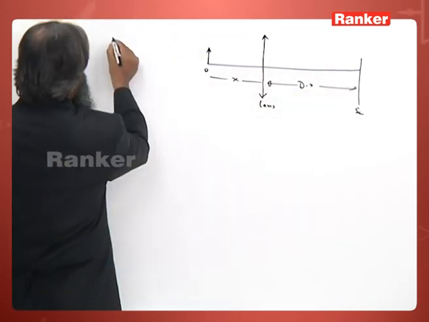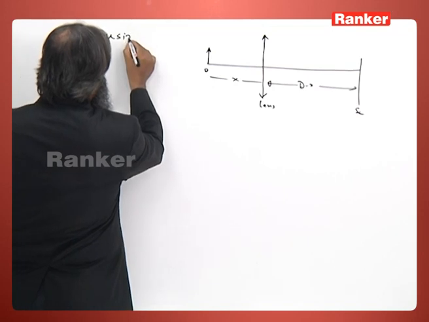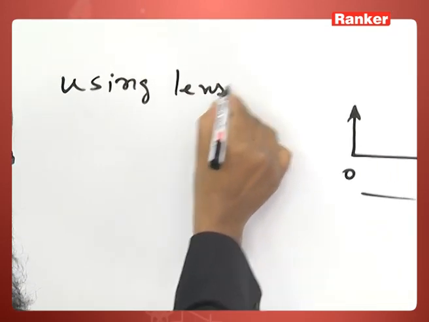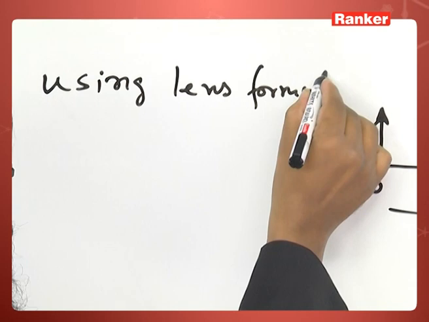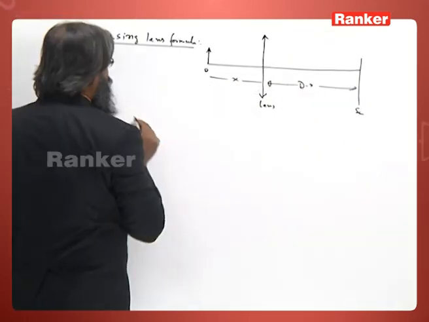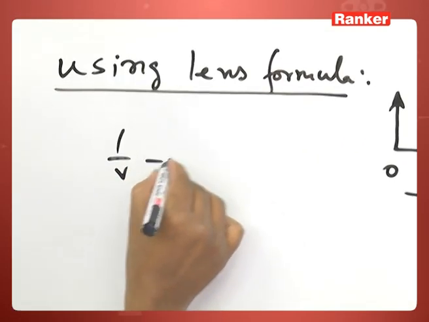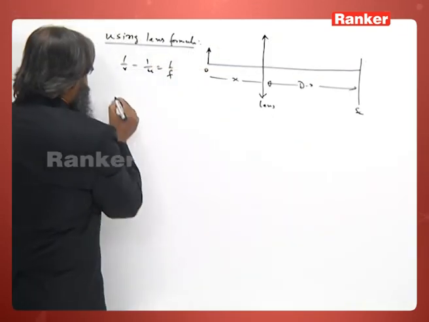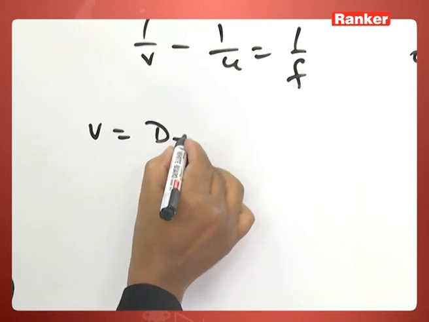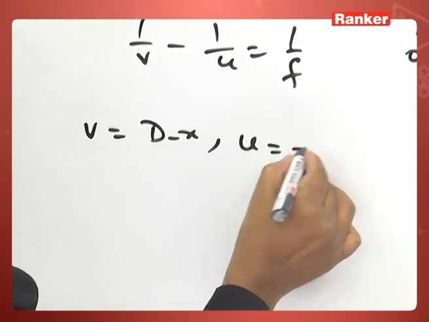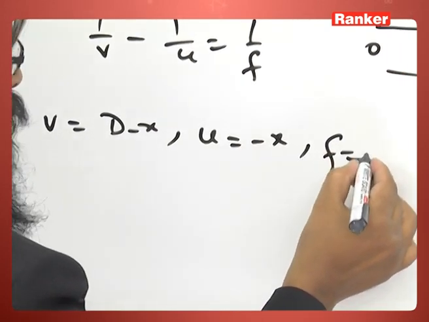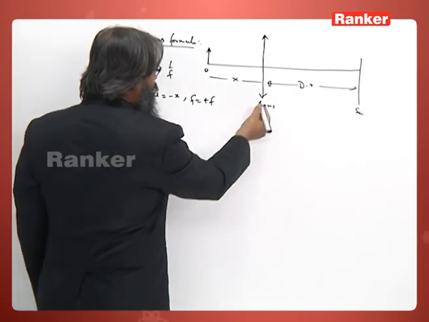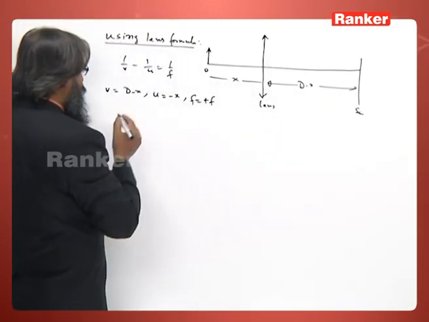So, using the lens formula, that is 1 by v minus 1 by u is equal to 1 by f. Here v is equal to D minus x, u is equal to minus x, and f is equal to positive f, where f is the focal length that has to be determined.